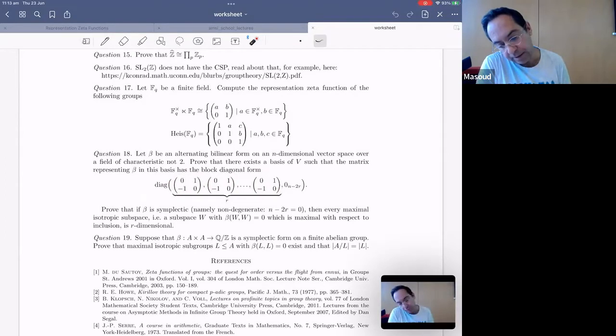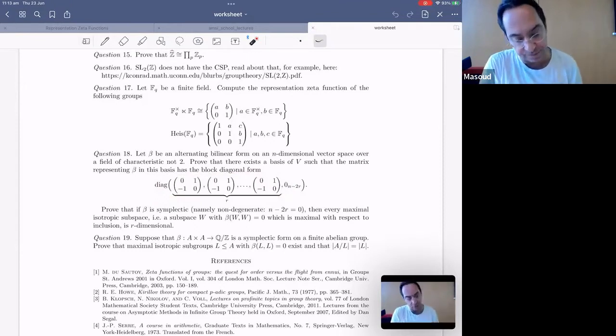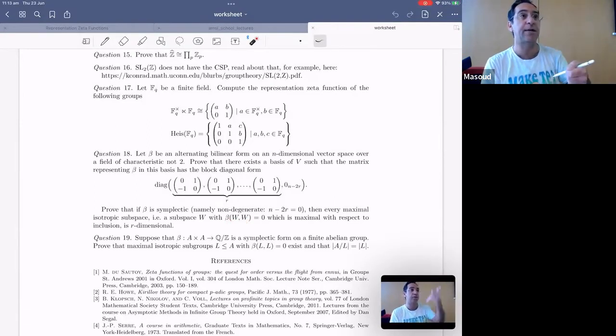And if you want it to be non-degenerate, you just get rid of the zeros here, and therefore you get only one symplectic form. And what you can show is that there's a notion of a maximal isotropic subspace. So an isotropic subspace with respect to a form is a subspace such that the form vanishes on that. When you restrict the form to that subspace, you get the zero form.